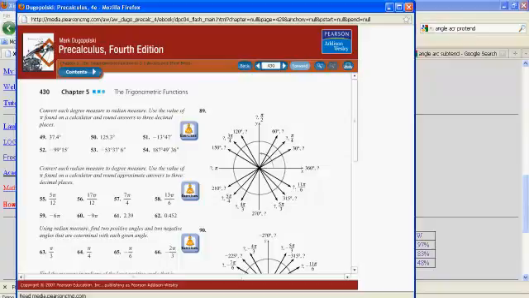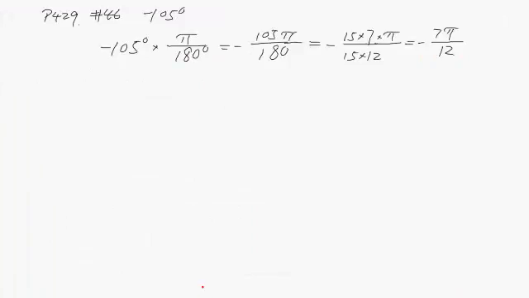Okay, so let's go back to the whiteboard. So this is problem 62, and we have 0.452 radians. We need to convert this radian measure to a degree measure.